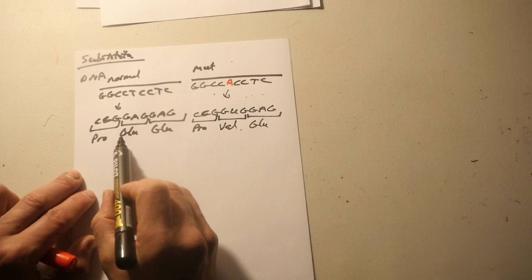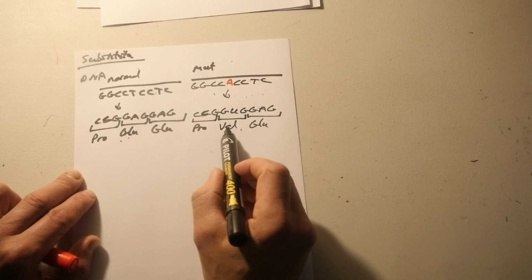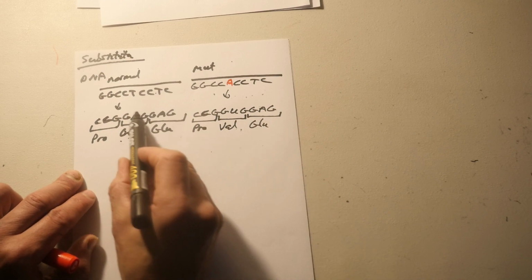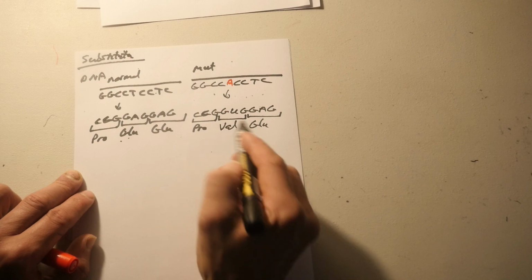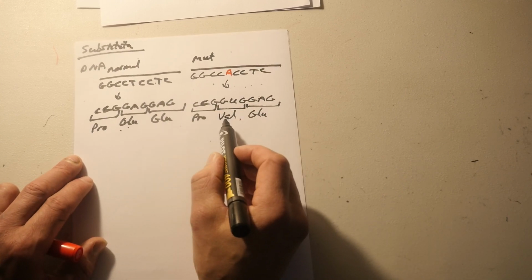So the glutamic acid here, which we should have, has now become a valine, okay? So this is a major structural change.